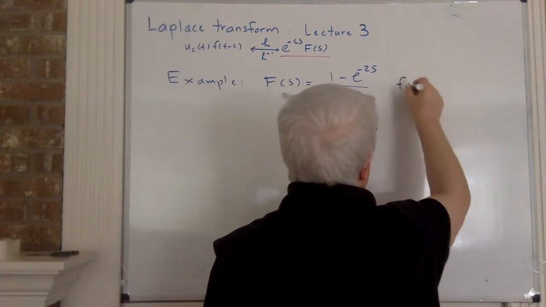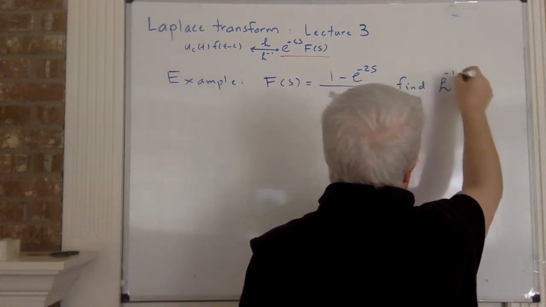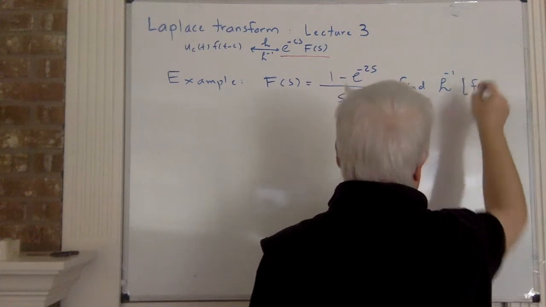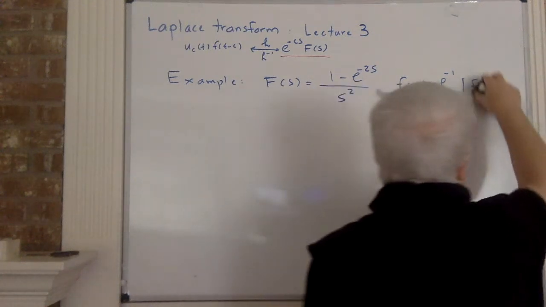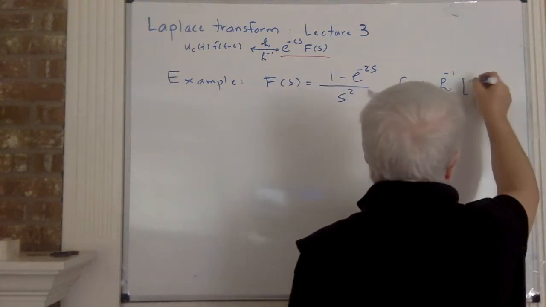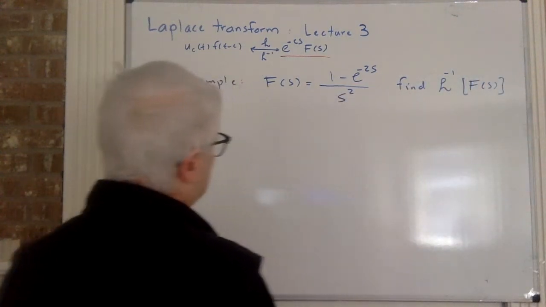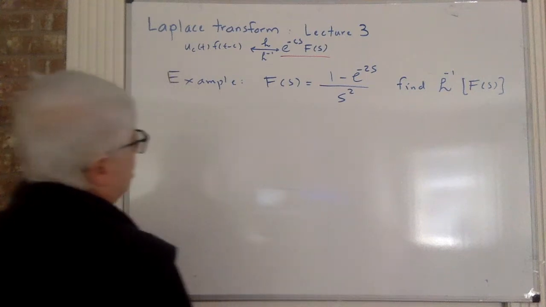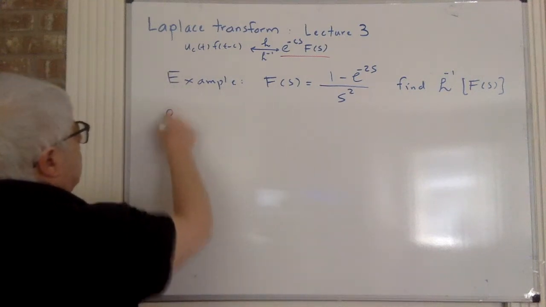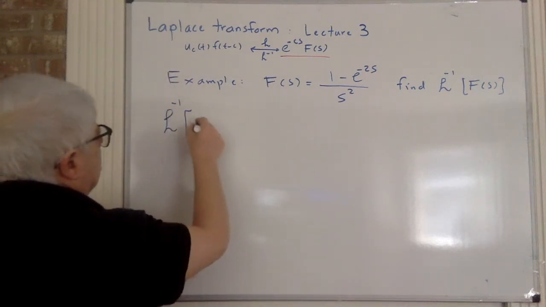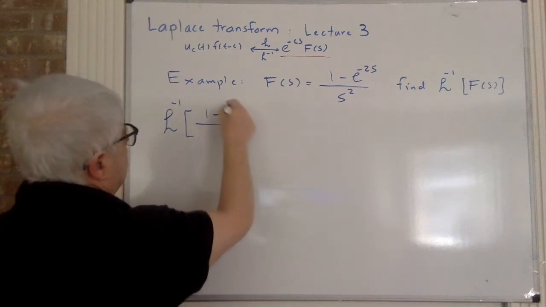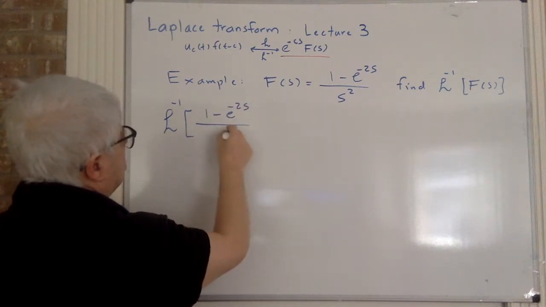Find L inverse of this. Okay. So let's see. So I have L inverse of (1 minus e to the power minus 2s) over s squared.